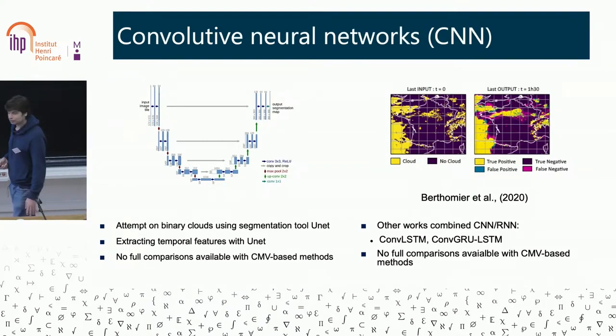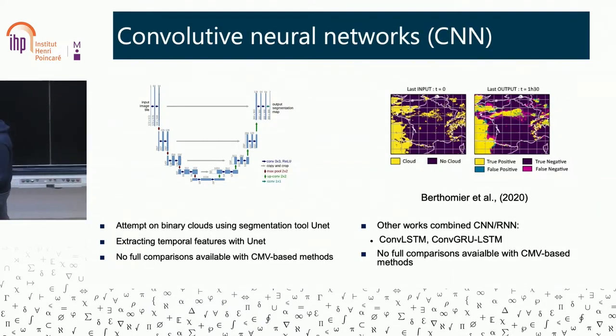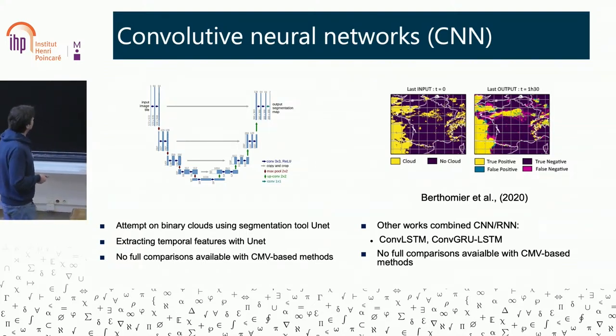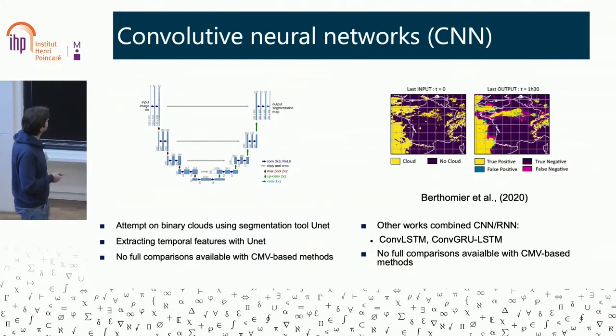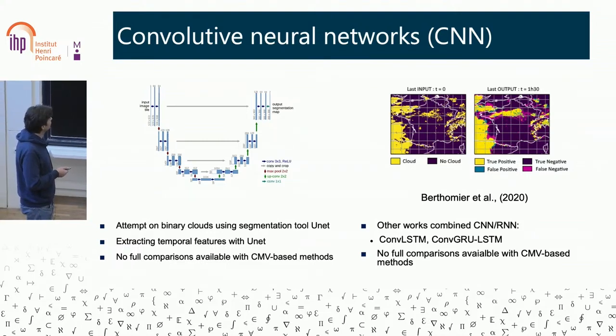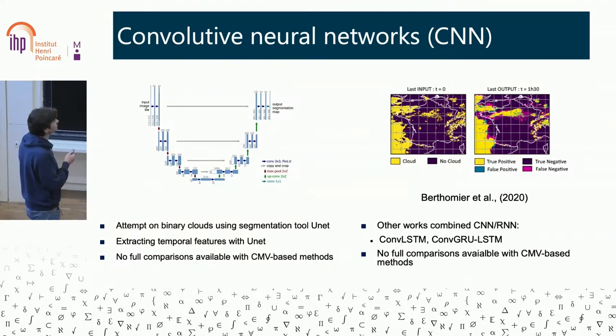So now, as you know, we are in the time of deep learning. So many researchers are trying deep learning for this kind of method. The first noticeable work was made in Météo France in 2020 by using a convolutional neural network. This is a famous one if you are in the CNN field. This is a UNet.